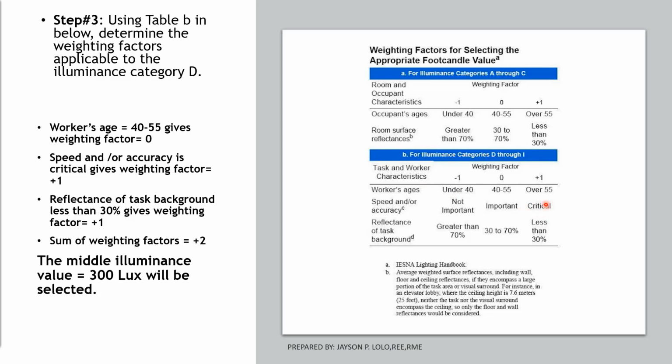So let's consider critical, plus 1. Then reflectance of the task background less than 30% gives weighting factor of plus 1. Okay. Then the sum of the factors is plus 2. Therefore, your middle illuminance is considered. Okay, I think it's wrong. So remember, there's a ruling that there's a value for that.